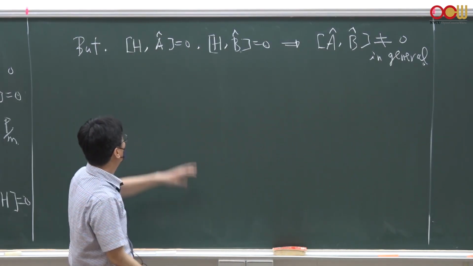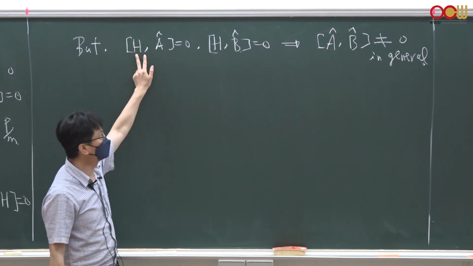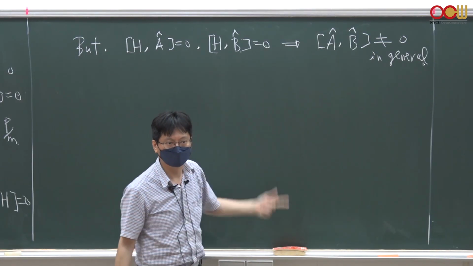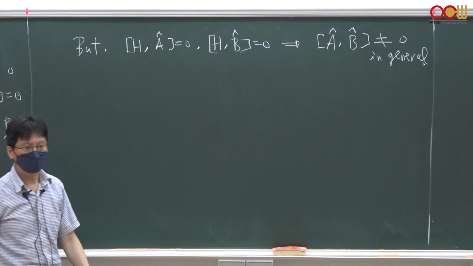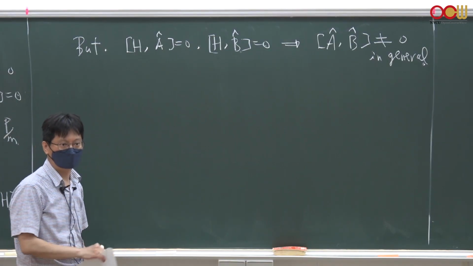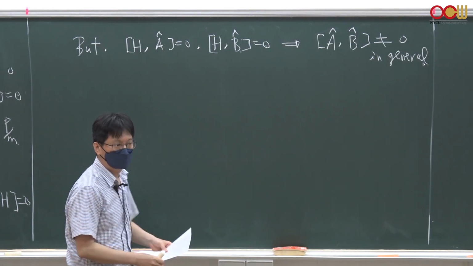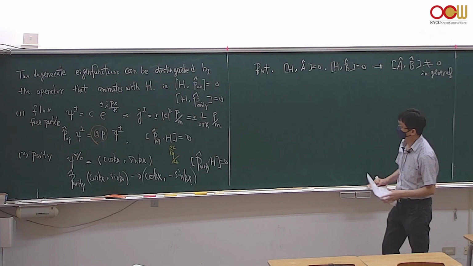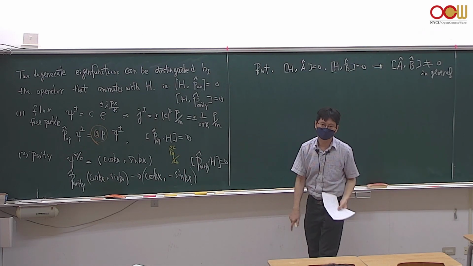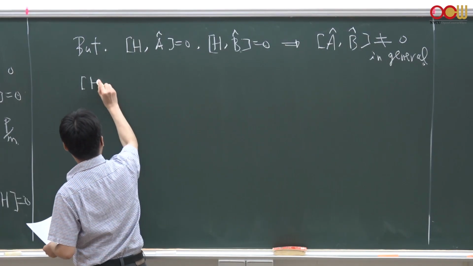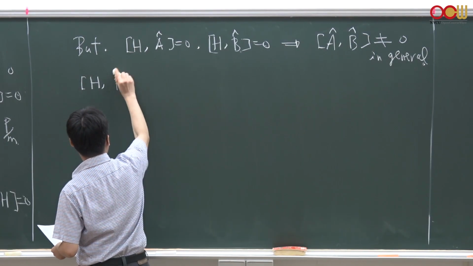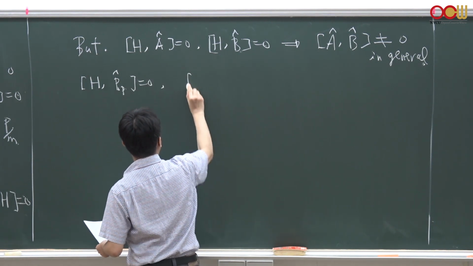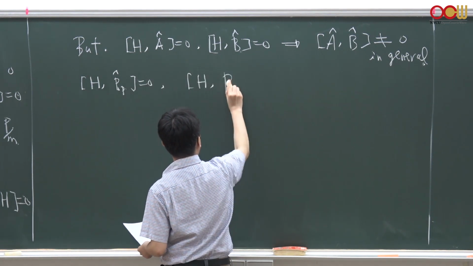So in other words, A and H commute and B and H commute. It doesn't necessarily imply that A and B commute. We need to prove this. Okay? And a very important and simple example is precisely the parity and momentum operator. Remember, the Hamiltonian commutes with the momentum operator, and the Hamiltonian commutes with the parity.